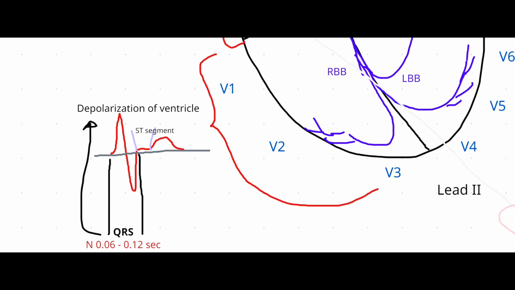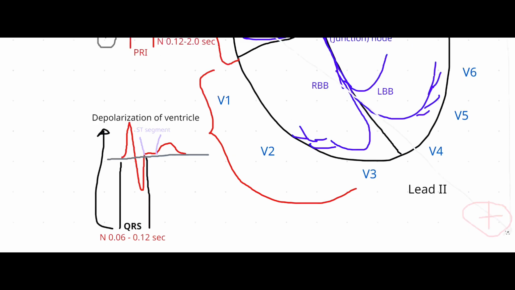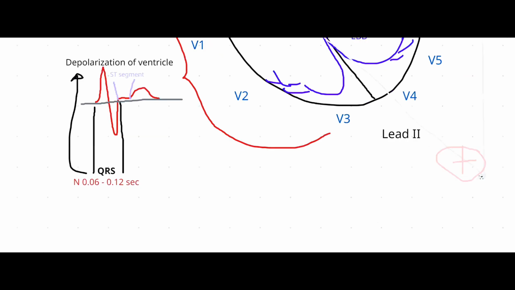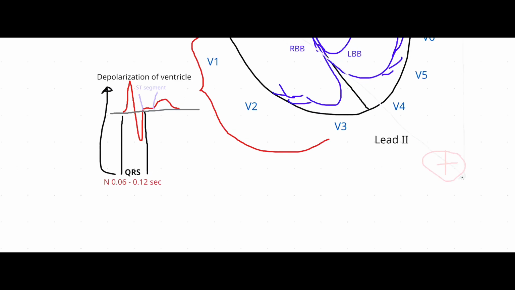Okay, the ST segment we don't measure in distance, we measure it in elevation, right? That's why we call it ST elevation or depression. So it's either elevated above the baseline, or depressed below the baseline. I'll talk more about that in a minute. Now when we go into the T, it's still in the ventricle, but the T, I'm going to separate the T out.